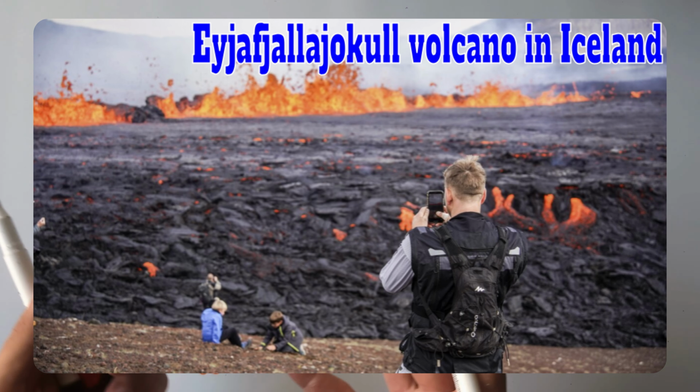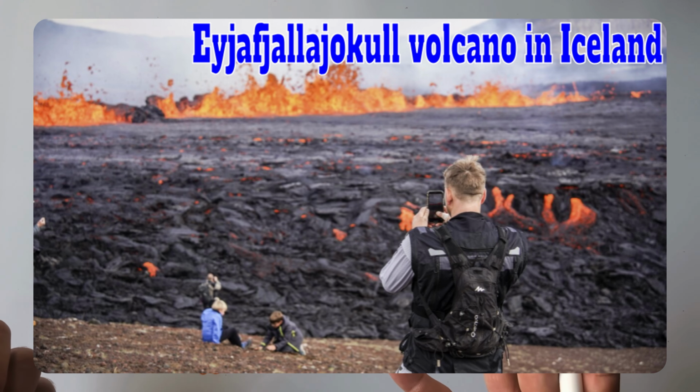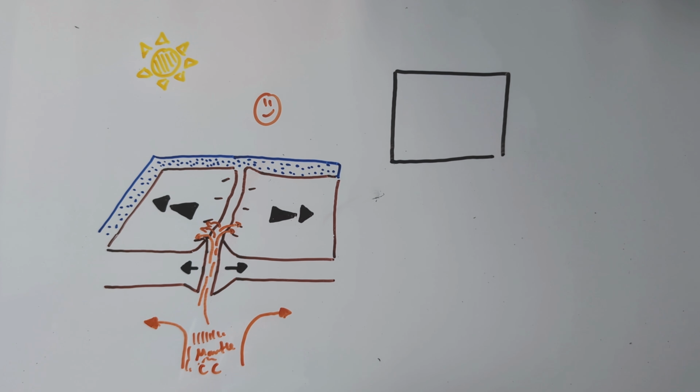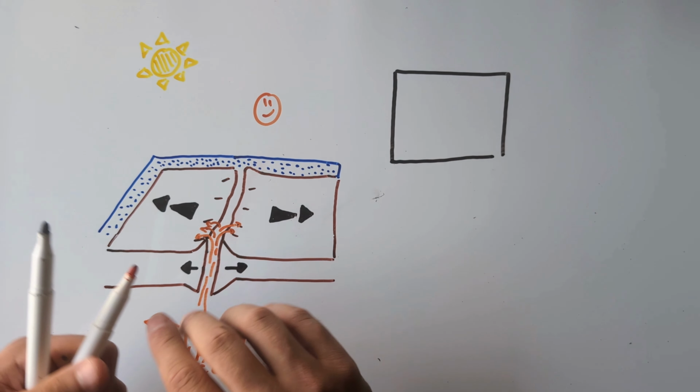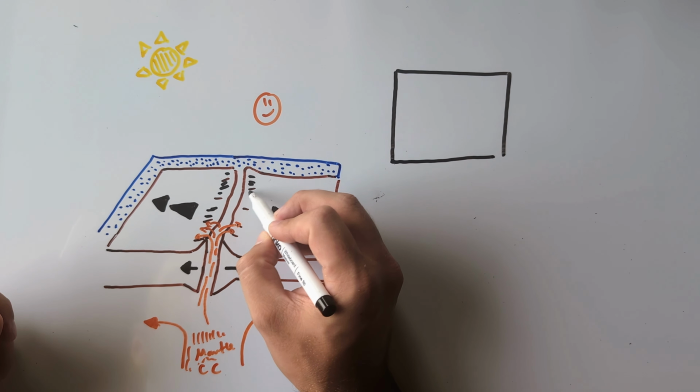If you look at Iceland, the people of Iceland live at peace with the volcano. Just check this out. It's fantastic for tourism. It's not a threat. It's helped to make Iceland a very, very wealthy country. So basically what happens is as the two plates move apart, you will have a mountain range start to appear.